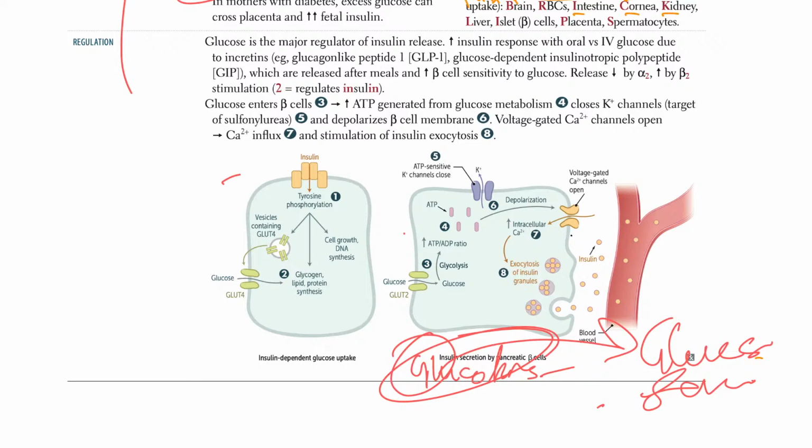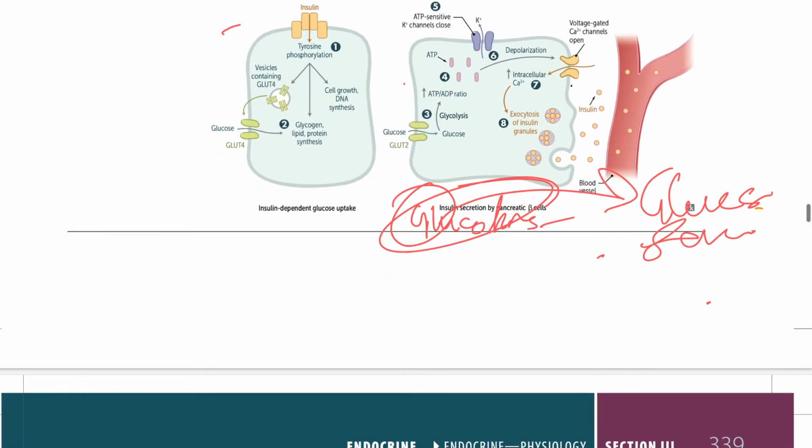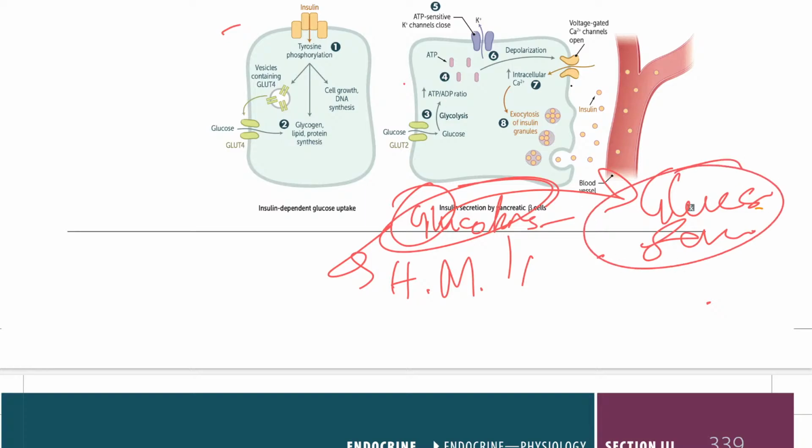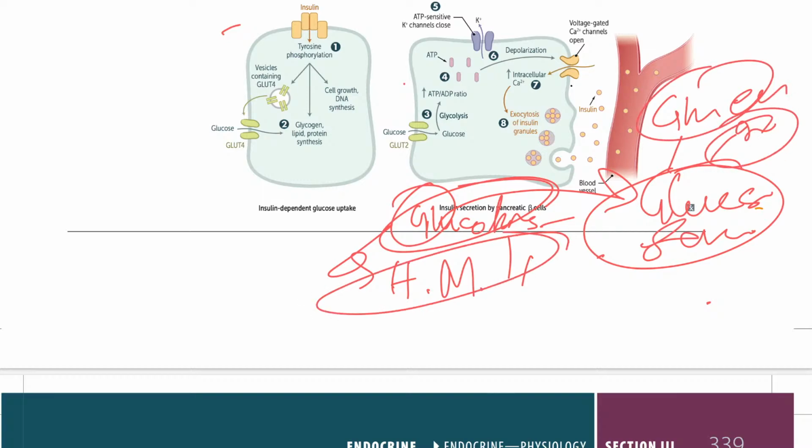Now, if there is a mutation of this glucokinase, it is known as heterogeneous mutation of glucokinase. Because it was a glucose sensor controlling glucose entry and insulin release, two things, right? Now when you have a mutation here, guess what's going to happen?